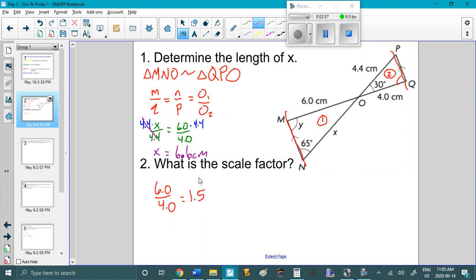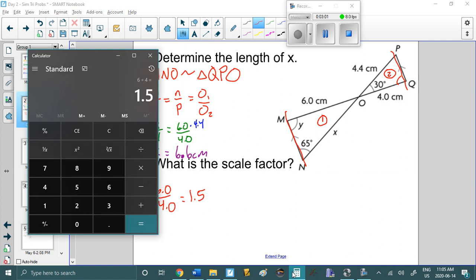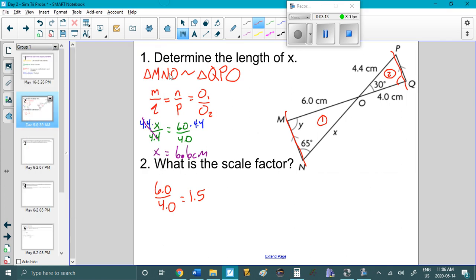And we could check it with this one that we found here, 6.6 divided by 4.4. We get 1.5 again. Or if we did it the other way, 4 divided by 6, we might get the scale factor as 0.6666. So I usually do the bigger triangle divided by the smaller triangle, and then I'll say the scale factor is 1.5, meaning that the bigger triangle is 1.5 times larger than the smaller.